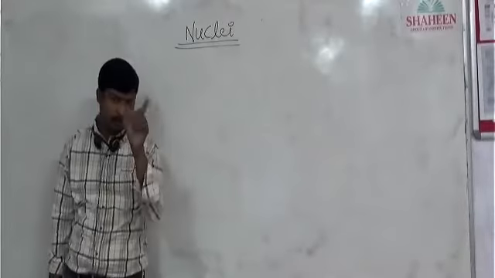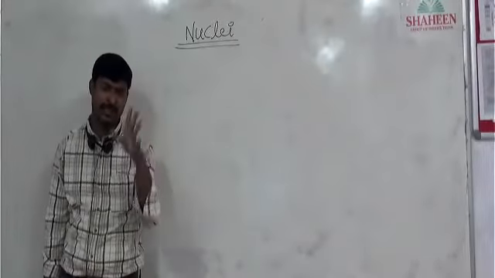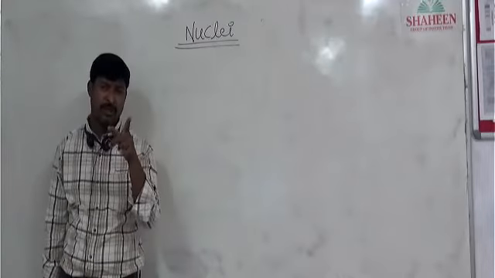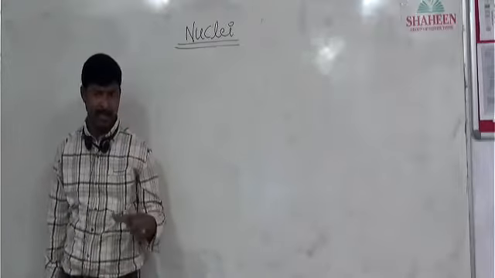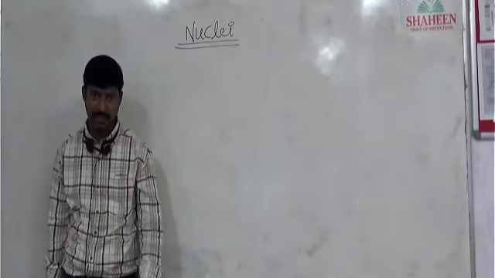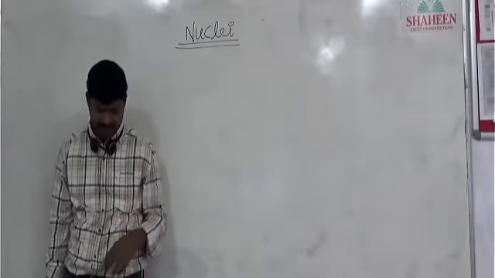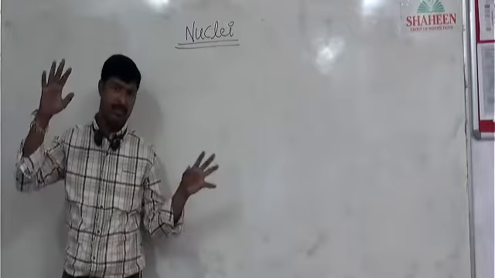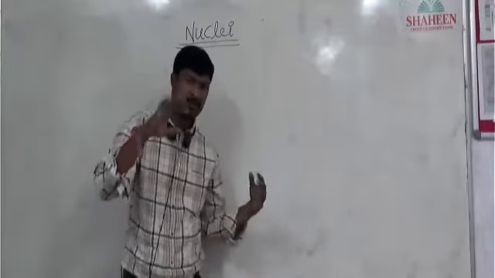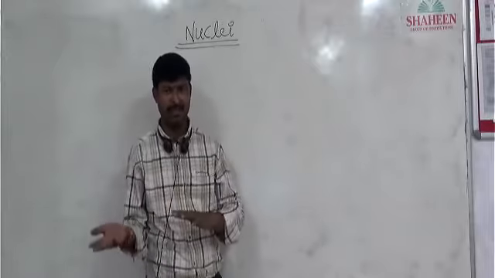In that, in Rutherford's alpha particle scattering experiment, they first found what the nucleus is, where it is located and what its charge is. Before that, we studied matter waves, the particle nature and wave nature in dual nature.